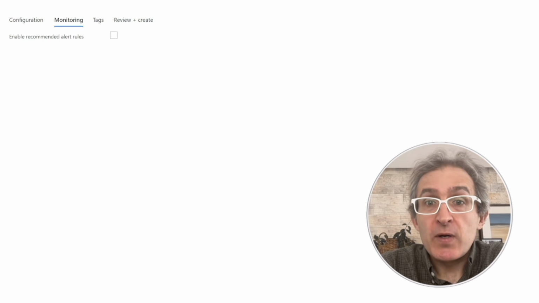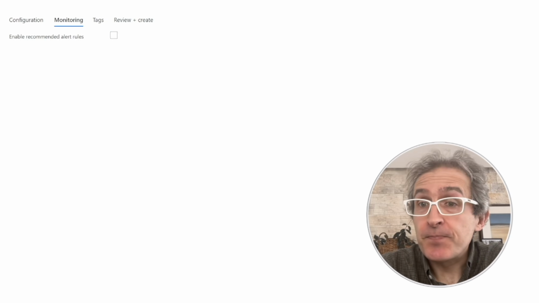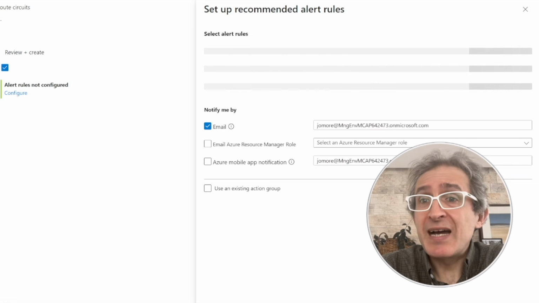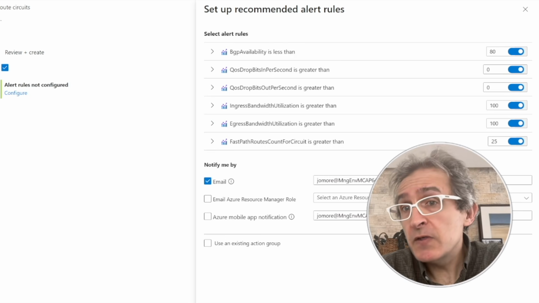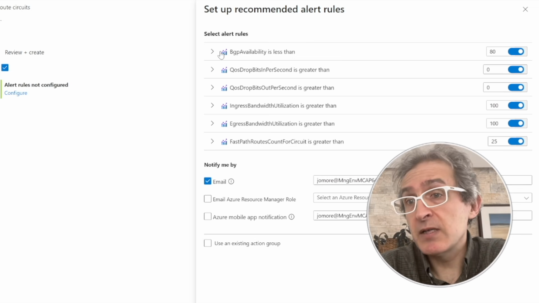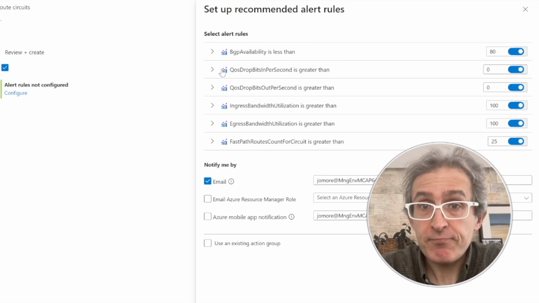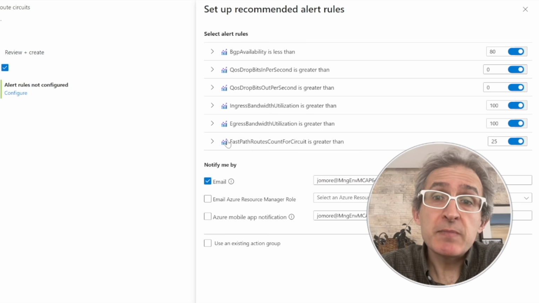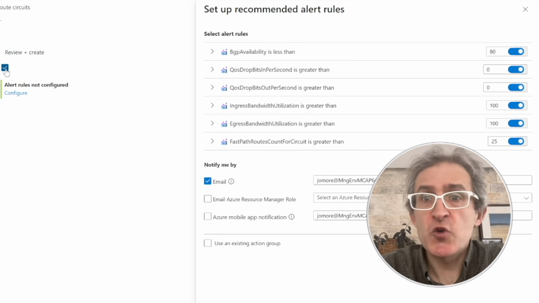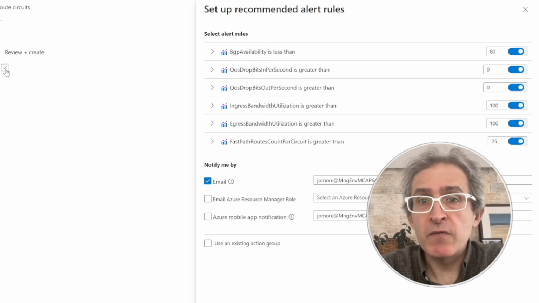In monitoring, this is relatively new. You might not have seen this. Essentially, Microsoft is recommending which alerts you should configure, so that when certain metrics go above or below certain thresholds, you get notified about it. Pretty convenient feature, because otherwise customers were flying blind and were not sure which alerts to configure or not to configure.